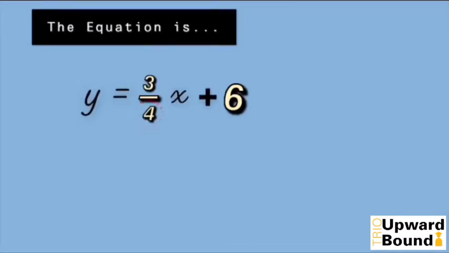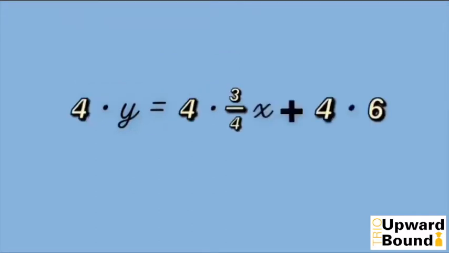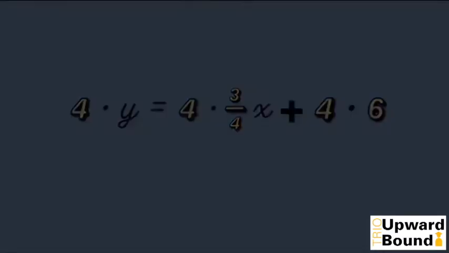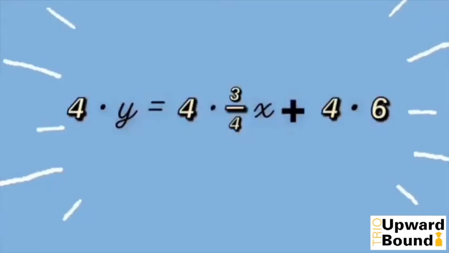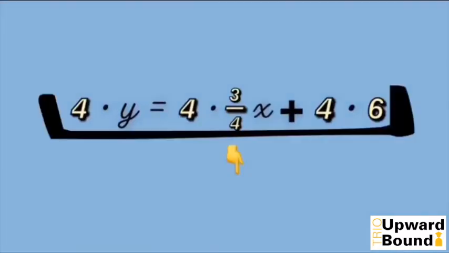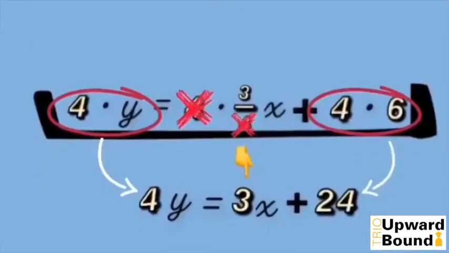To do this, we will multiply everything by 4 because it's the denominator. And this is what it would look like. 4 times y equals 4 times 3 over 4x plus 4 times 6. First, you multiply 4 times y, and like the arrow is pointing at below, you would get 4y.